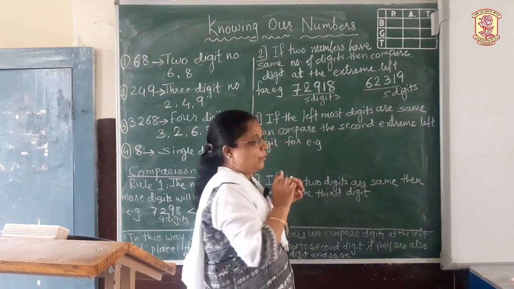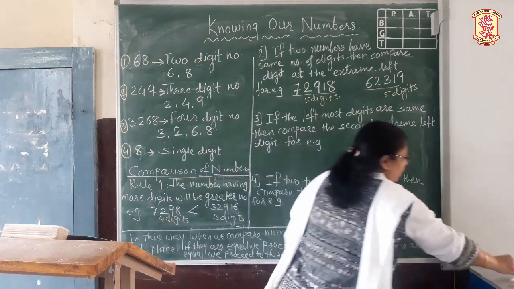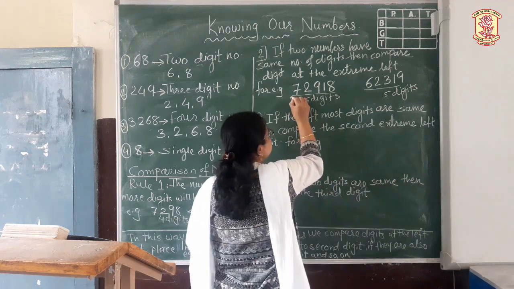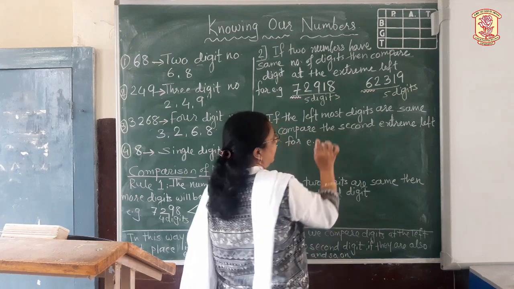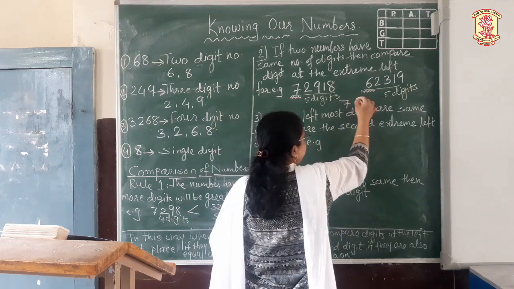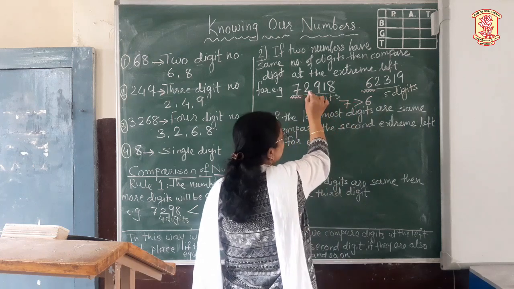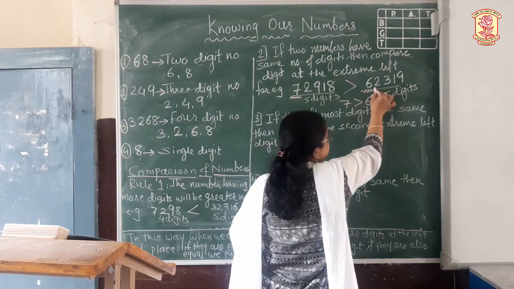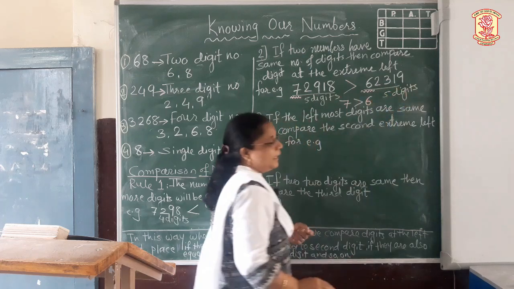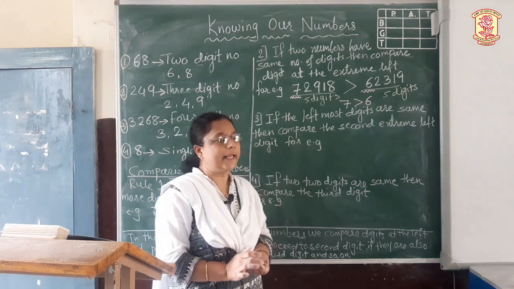Then we have to think for the first extreme left digit, that is 7 and 6 over here. Now 7 is greater than 6. Therefore 72,918 is greater than 62,319.